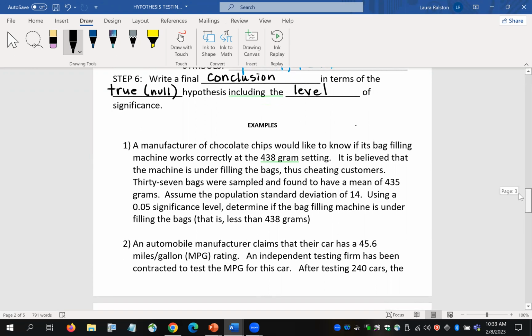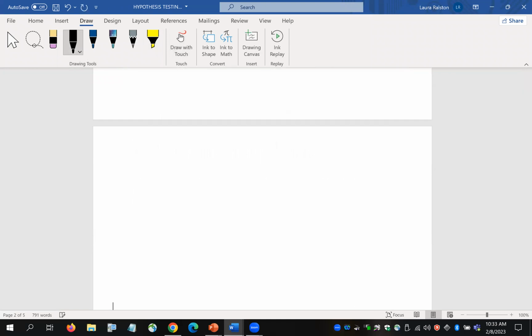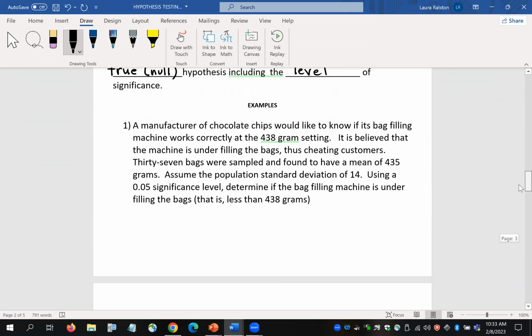The examples are at the end of this document, and we're going to get into them. I'm going to try to go as slow as I can to make sure you get all of the pieces.